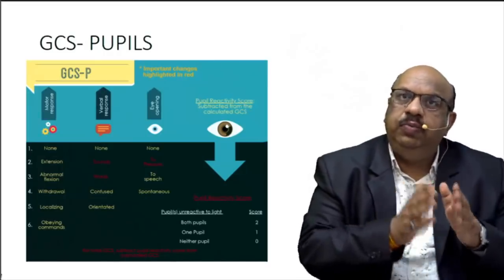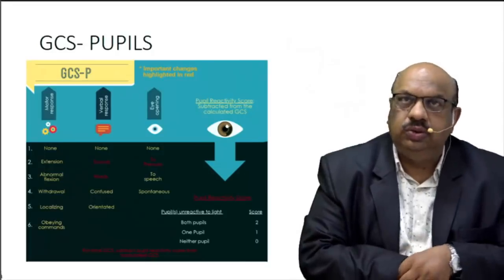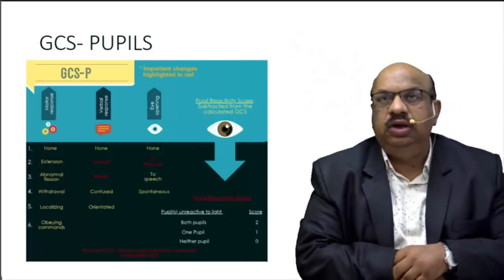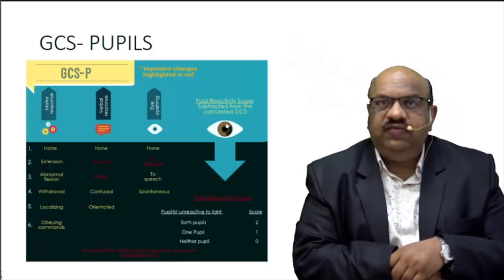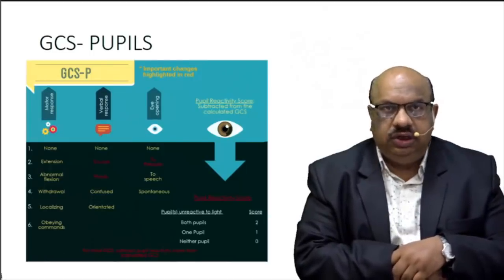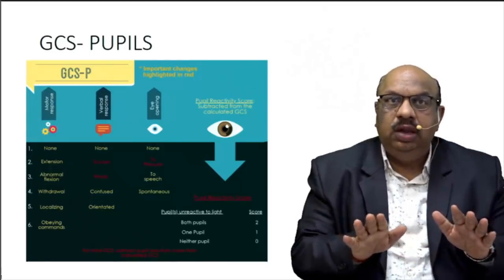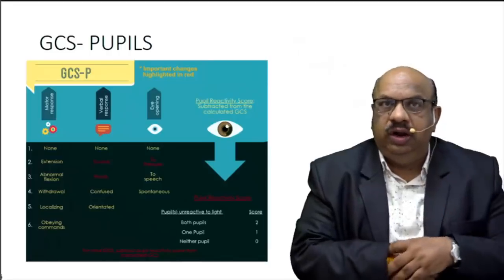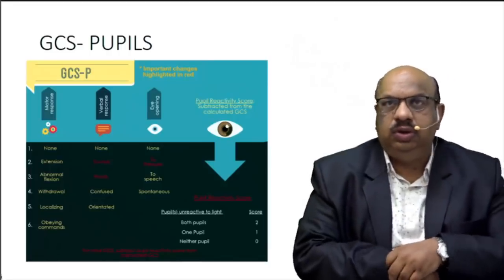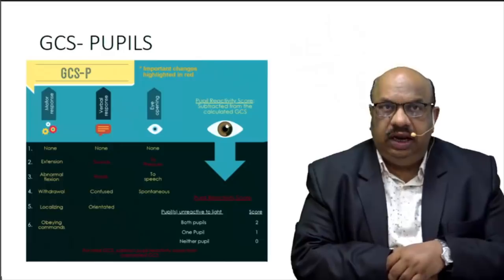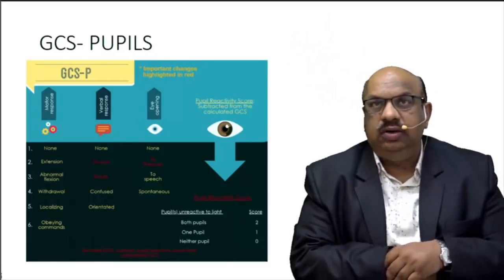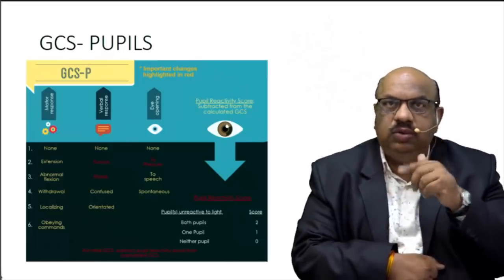Then you add the pupillary score also, whether the pupils are responding to light or not. If they are responding to light, you give 0. That's a normal pupil. If not responding to light, one pupil, 1 number, two pupils, 2 numbers. So the pupils are dilated, not reacting to light: one side pupil, 1, both sides, 2.